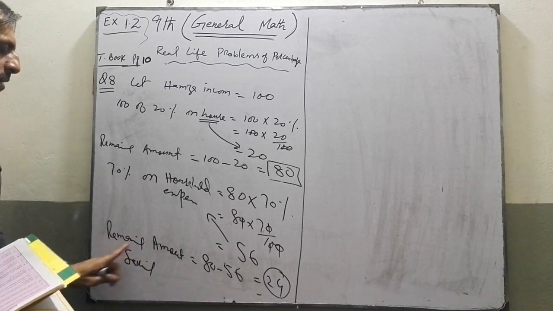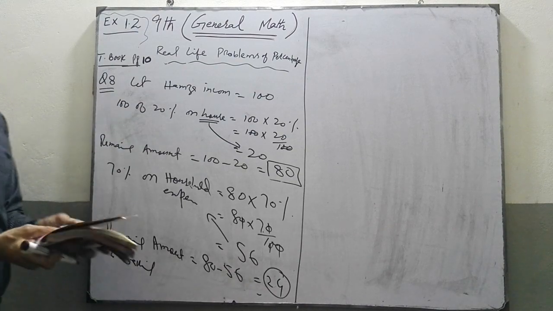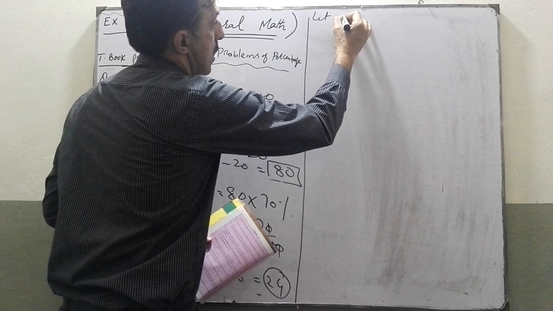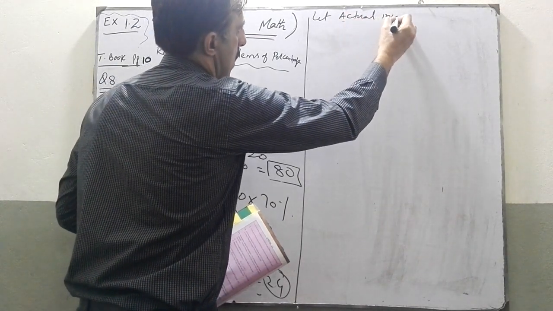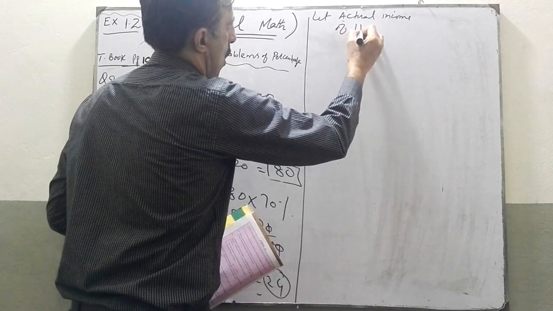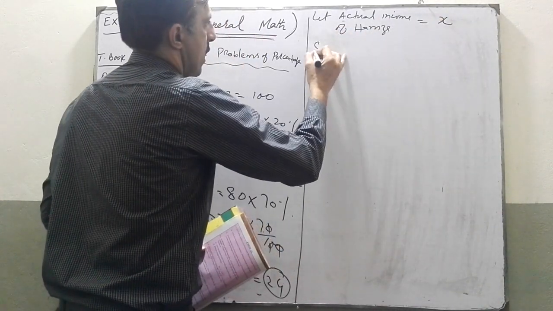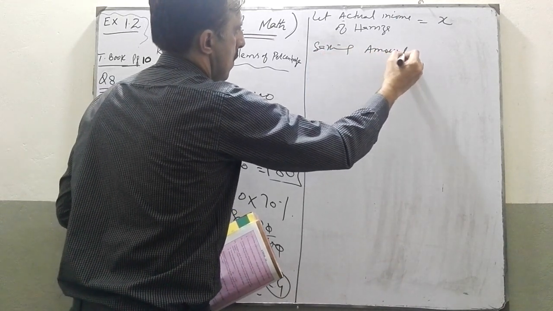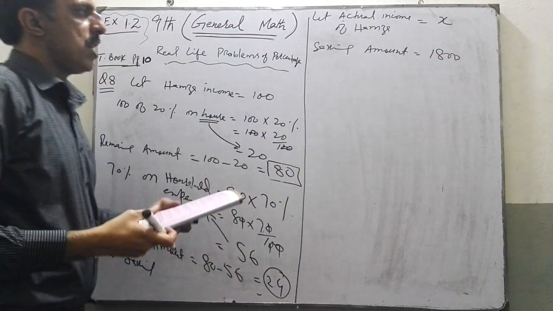That is the saving amount. But in the question, let the actual income of Hamza be X, and his saving amount is given as 1800.